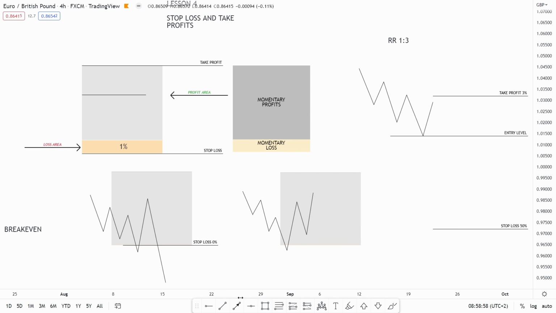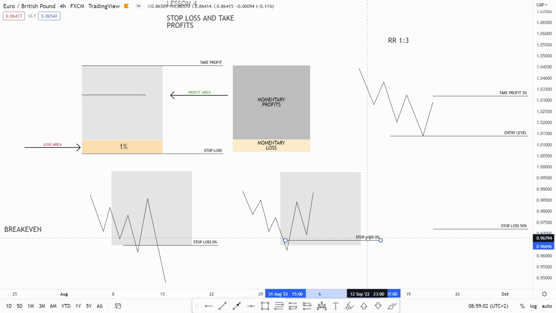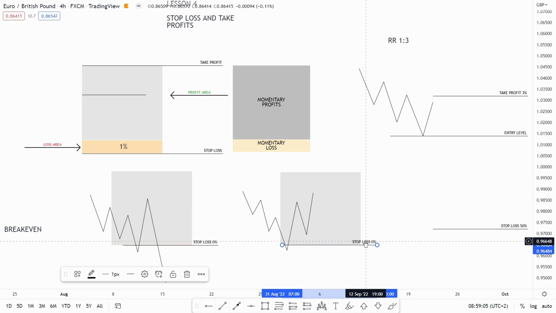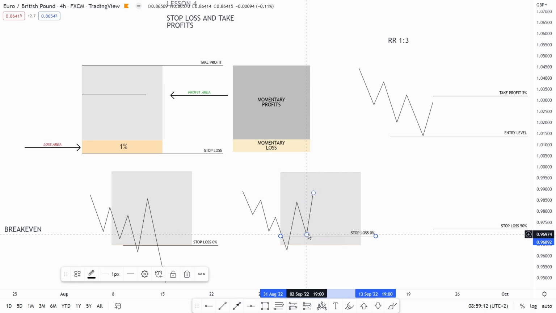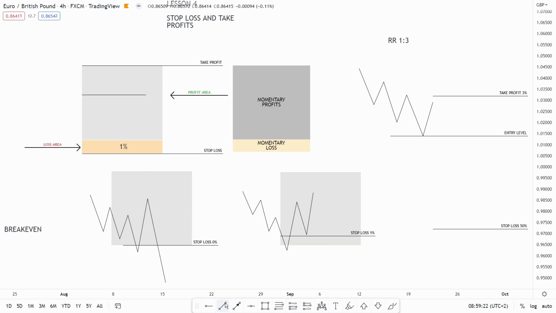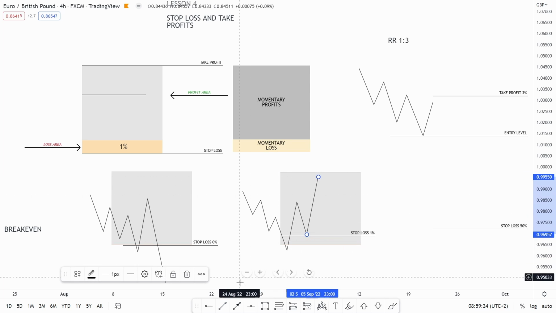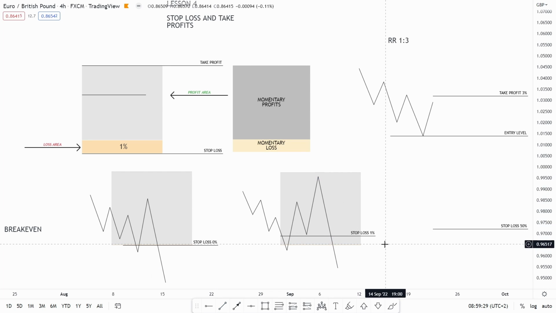What we do is let's make a clone. We don't want to leave our stop loss at 0%. We want to move it maybe to here, just below the higher low, and maybe this one is the 1%. So in case the market doesn't touch our take profit and decides to come back down, we are not going to lose money, nor make no money.